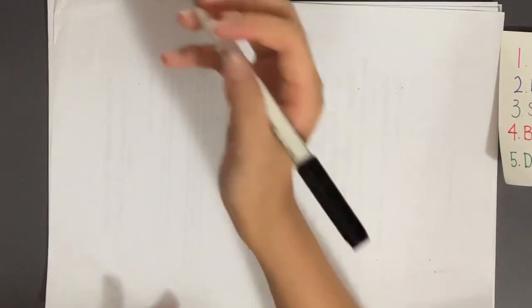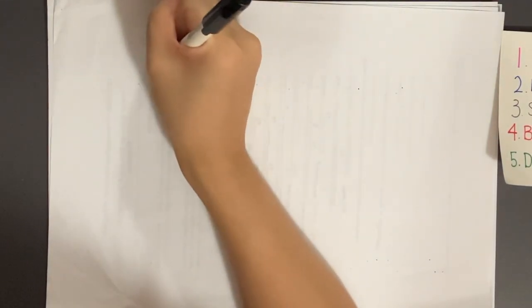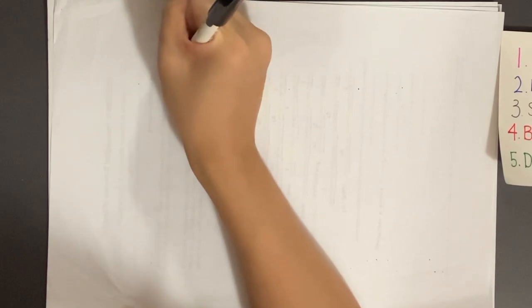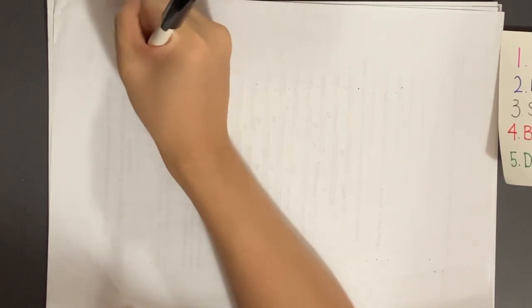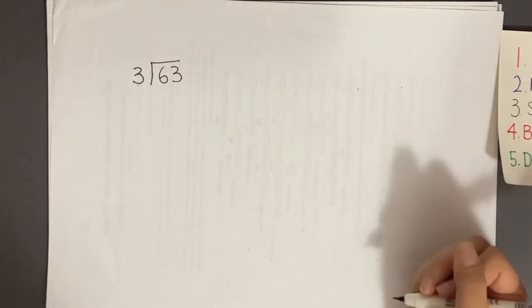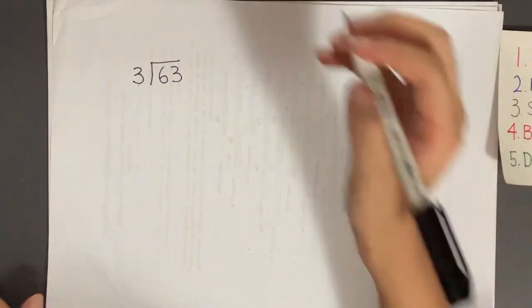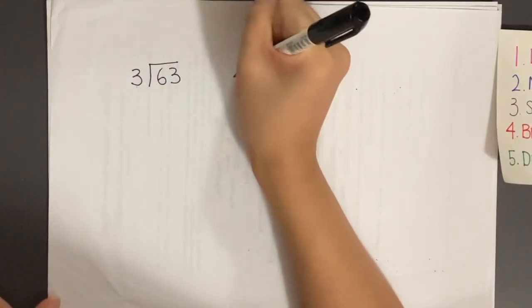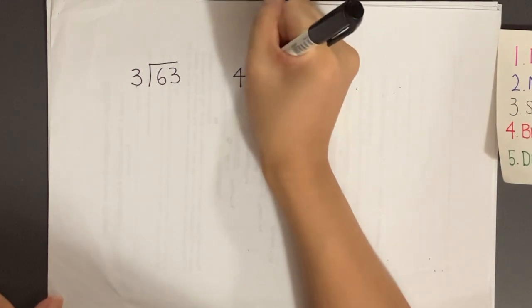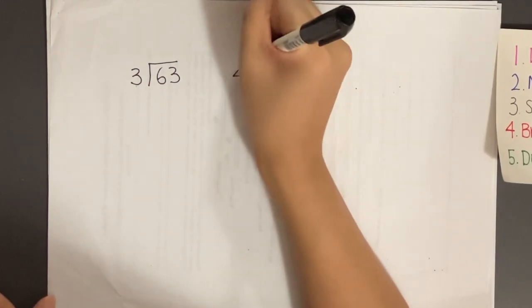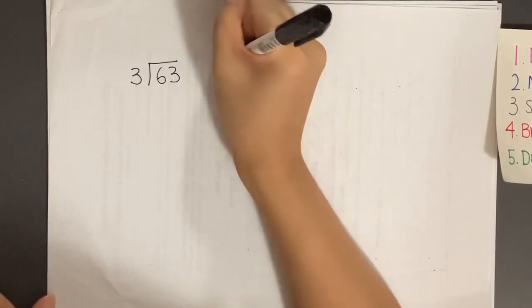So first, let's do 63 divided by 3. Next, let's do 48 divided by 4.